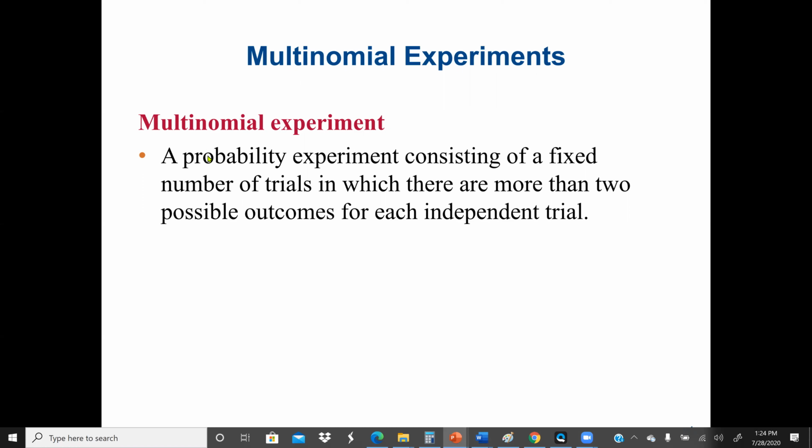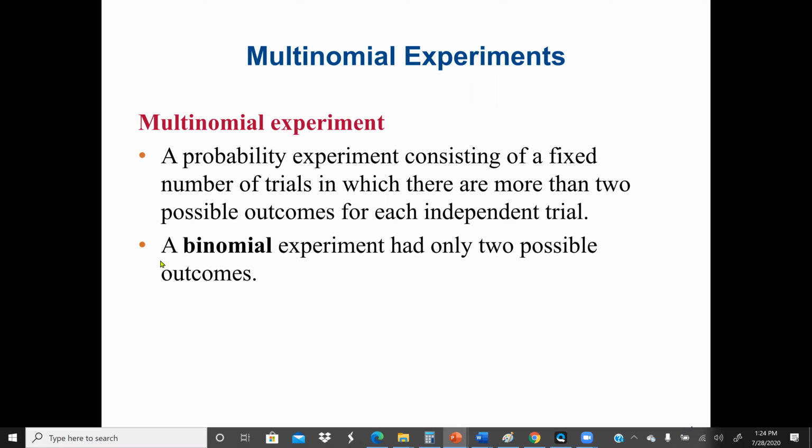So again, one more time for the definition. The multinomial experiment is a probability experiment consisting of a fixed number of trials, and the key phrase here is in which there are more than 2 possible outcomes for each independent trial. When there are 2 outcomes, we use a binomial experiment, which has only 2 possible outcomes.